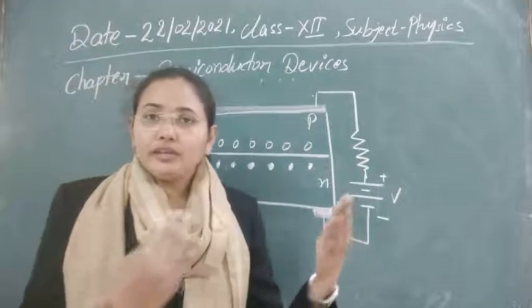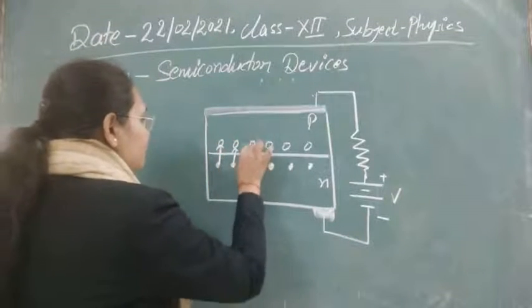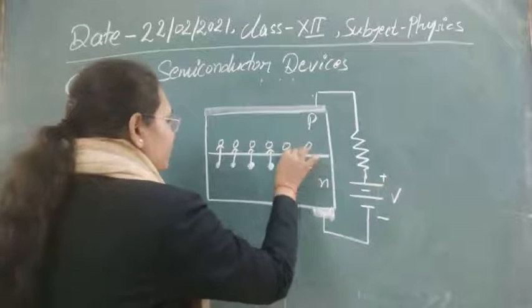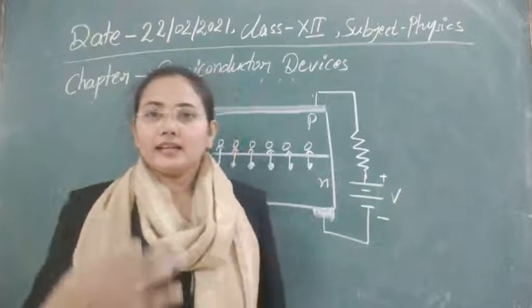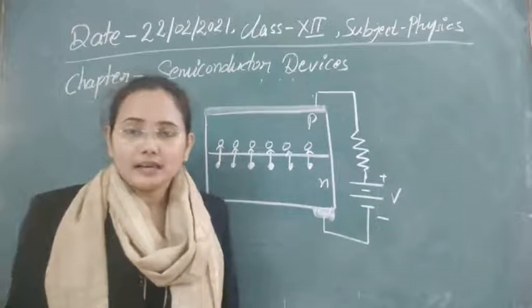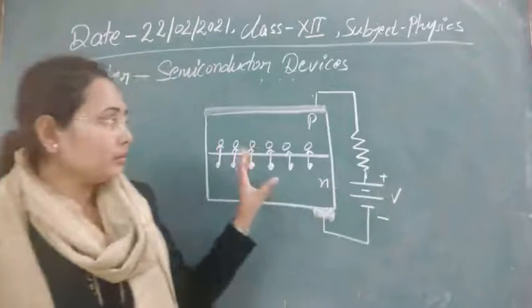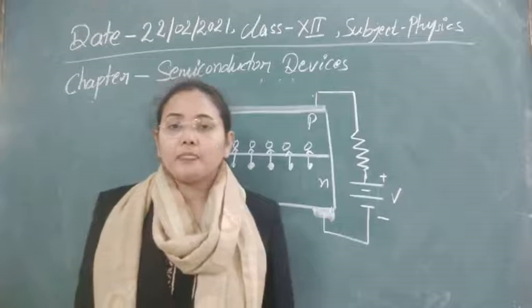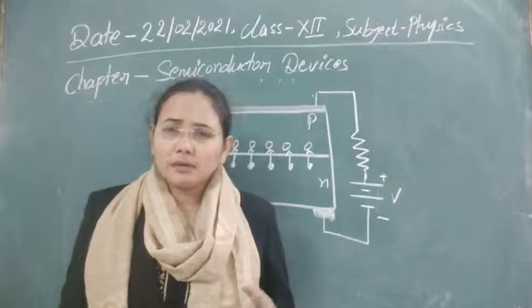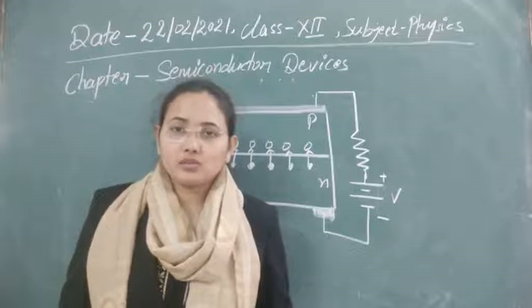Whenever they move towards the junction, they cross the junction and occupy the position of holes here. Whenever they occupy this position, it means electrons are excited and go into excited states. In that case, obviously, due to recombination of electron-hole pairs here, some of the energy will be liberated. I just told you this also with the band picture.